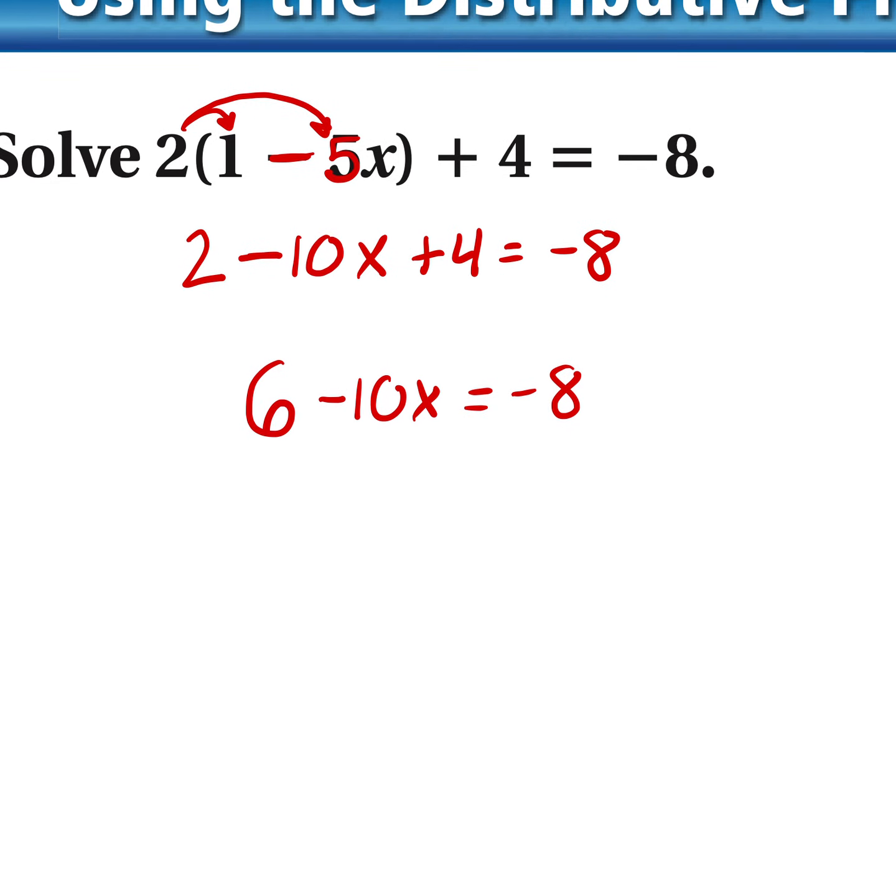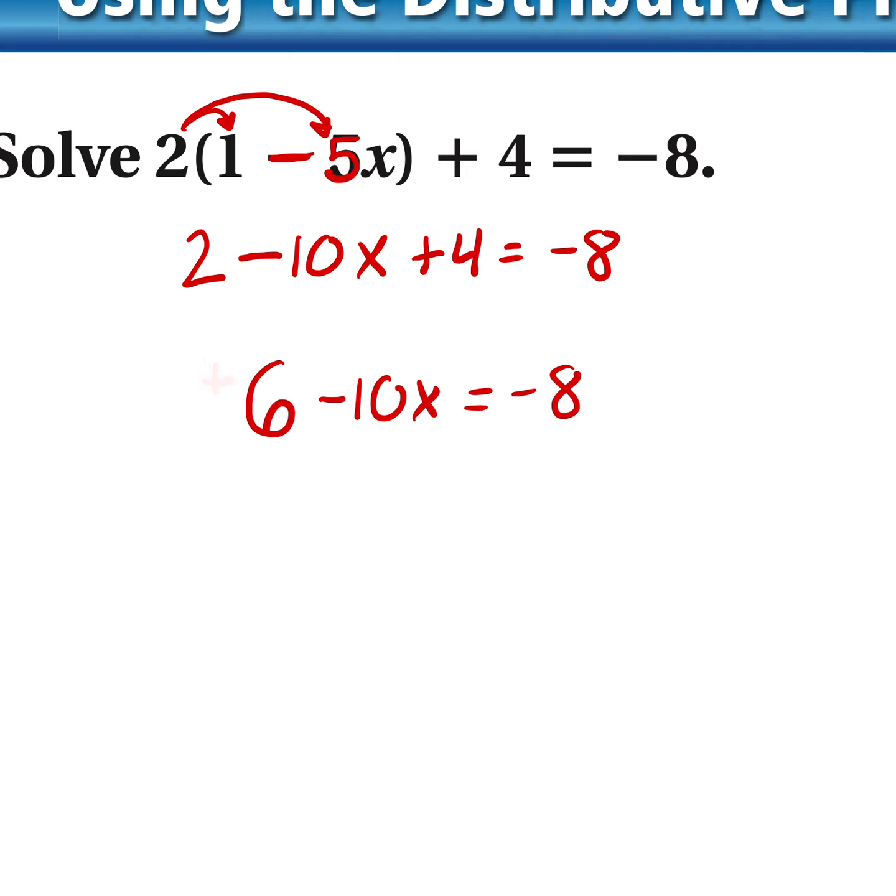Now we're going to do the reverse order of operations to get the x alone. The first thing I need to do is get that 6 out of there. Now, once again, a lot of kids are going to say, okay, well, it's being subtracted by 6, right? So then the opposite would be to add 6 to both sides. However, remember, that subtraction symbol is actually a negative symbol for him. 6 is not connected to the minus, okay? 6 is positive.